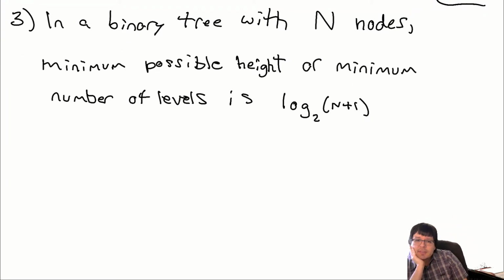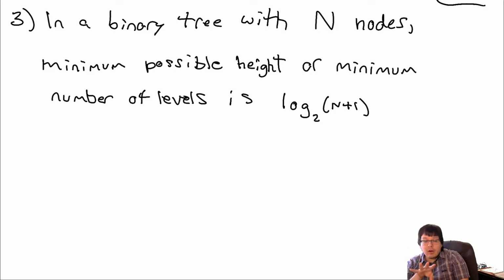All right. In a binary tree with n nodes, the minimum possible height or minimum number of levels is log n plus 1, base 2 as usual. So we talked about the max amount of nodes that you could have in a tree of a certain height.